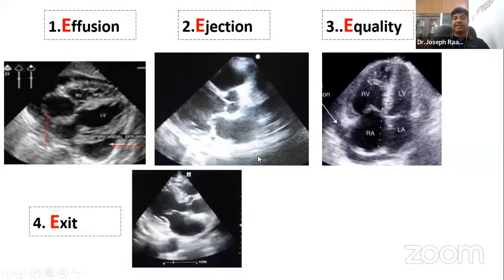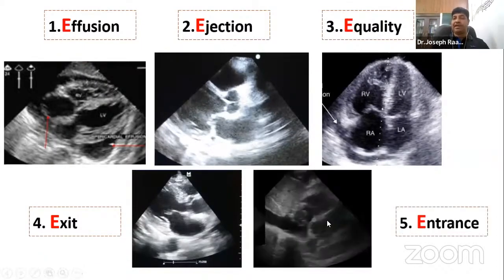The fourth thing is exit. You look at the exit point, which is your aortic valve and aorta. Then look at whether there is a valvular lesion, aortic stenosis, or a dissection flap. Looking at this, you know the cause of the hemodynamic instability.